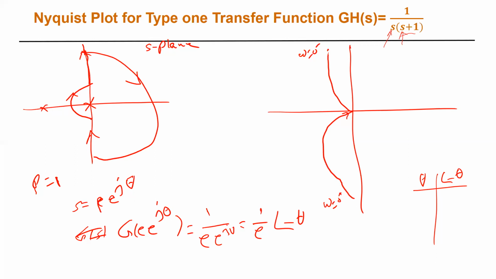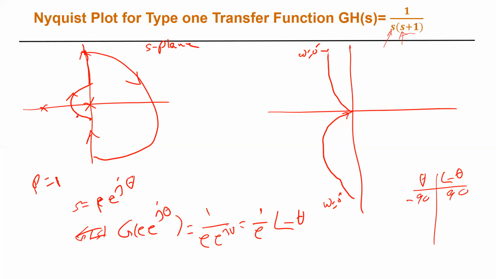I am at this point. We said this point corresponds to this point. At minus 90, this will be 90. Suppose I'm at this point. What is the coordinate of this point?